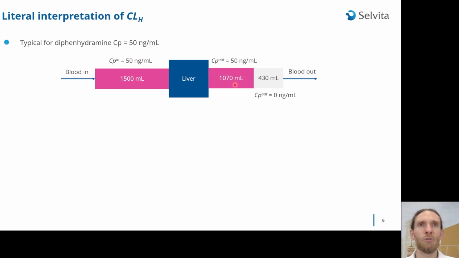And so around 1 liter of the blood will have the concentration of 50 nanograms per milliliter.